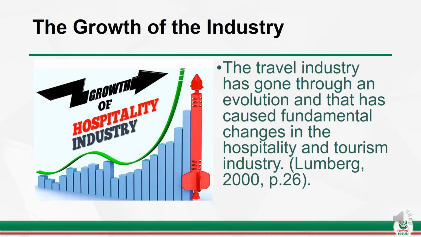The travel industry has gone through an evolution that has caused fundamental changes in the hospitality and tourism industry. During the early 1900s, the majority of the hotels were located close to the rail station because the primary mode of transportation was by rail.